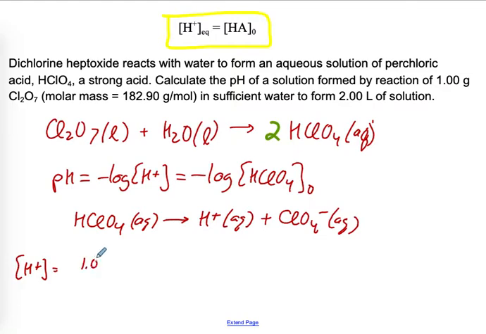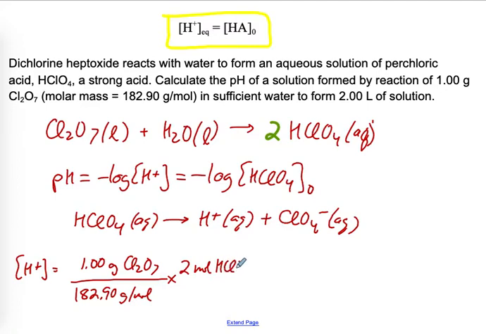I'll start with my mass of dichlorine heptoxide divided by the molar mass to give me moles of dichlorine heptoxide I'm starting with, but I need to multiply that by a mole ratio of 2 moles of perchloric acid formed for every 1 mole of dichlorine heptoxide, times 1 mole of hydrogen ion produced for every 1 mole of perchloric acid.